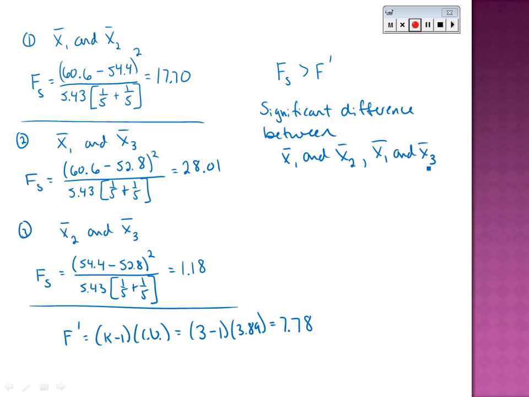So there's where the actual specific differences would lie. There would not be a significant difference between our x bar sub 2 and x bar sub 3, which would be Boston and Detroit. So that's if we use the Scheffé test. Let's see what happens with our second test.